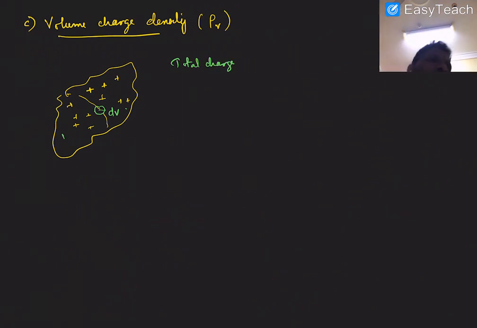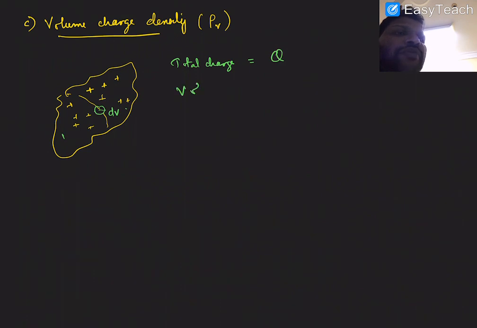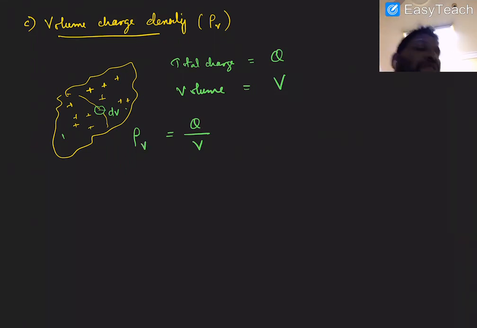Suppose all these charges are uniformly distributed in this volume, then the total charge will be equal to Q, and the volume is V, then the charge by volume is given as rho V, which is nothing but the total charge in unit volume.